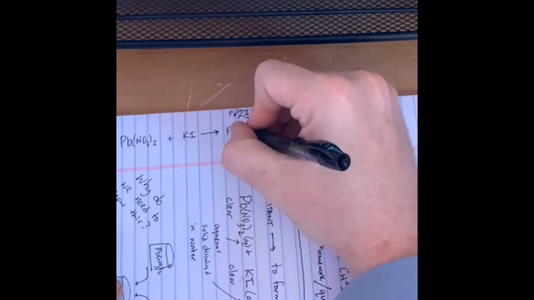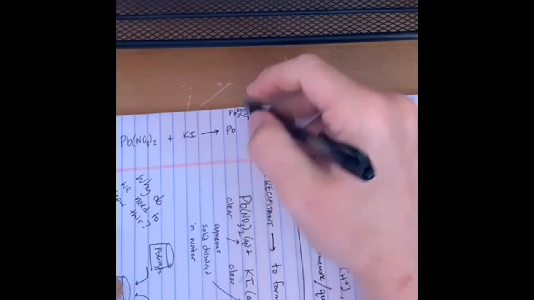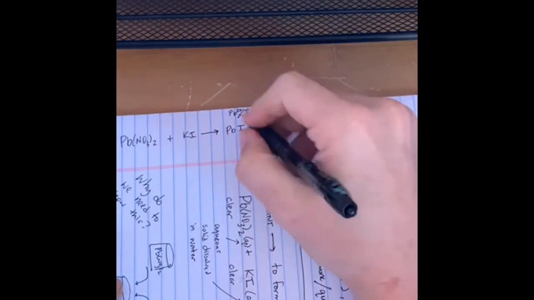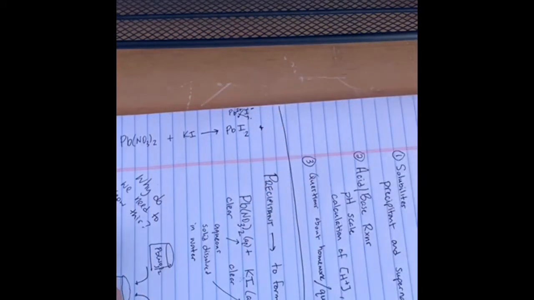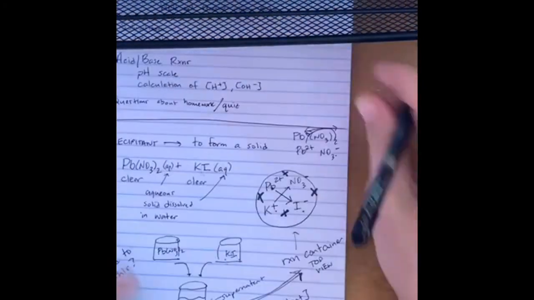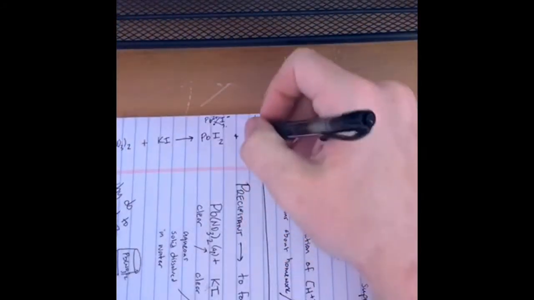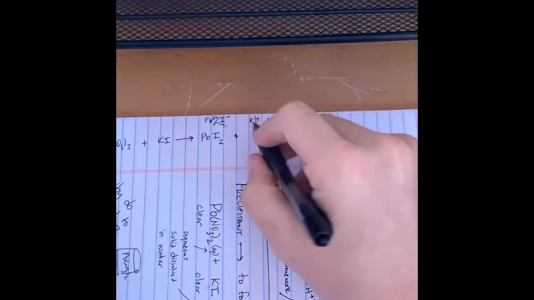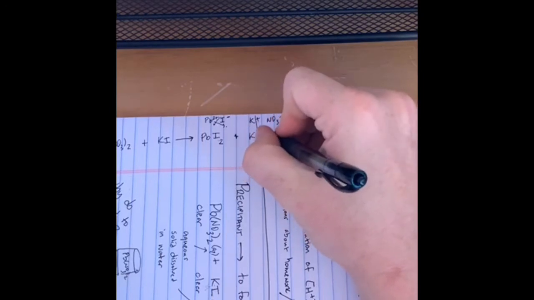I get Pb, I-, the 1 comes down, so it just gives me a 1. And then I gets a 2, so the 2 comes down here. So I form PbI2 plus the other one is going to be K+ and NO3-. The positive and the negative will cancel, so I get KNO3.